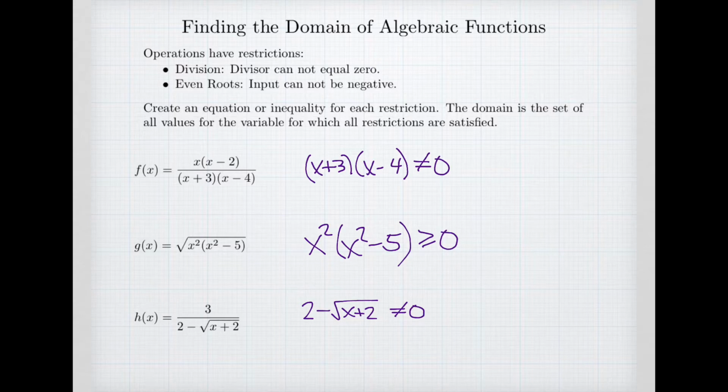And we have a second restriction that the input of the square root, and here the input is x plus 2, must be greater than or equal to 0. And so those are the restrictions that define the domains of my functions. If I want to find the domain, I need to solve these systems of inequalities.